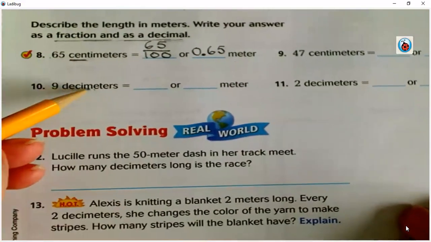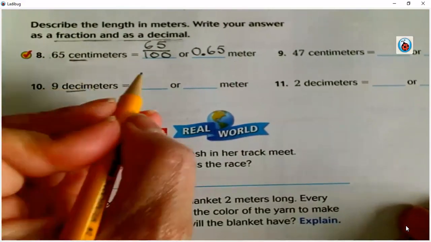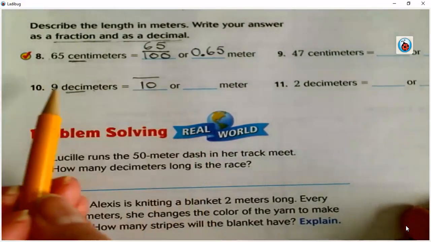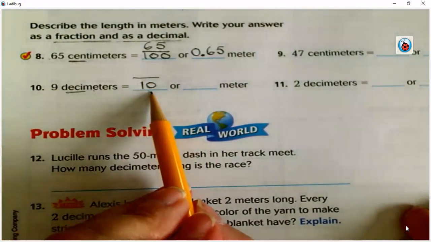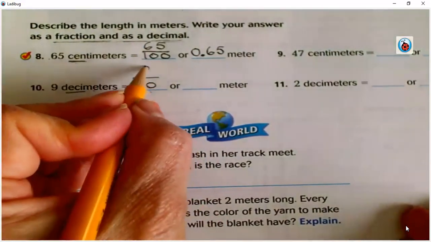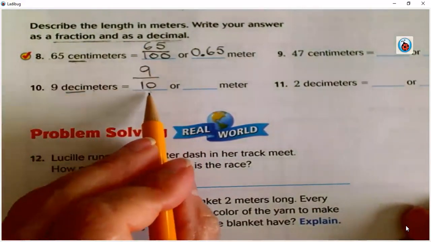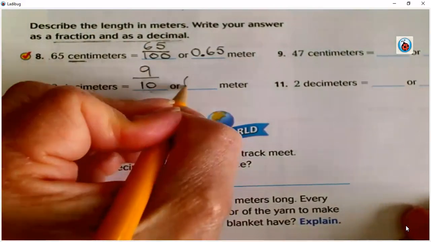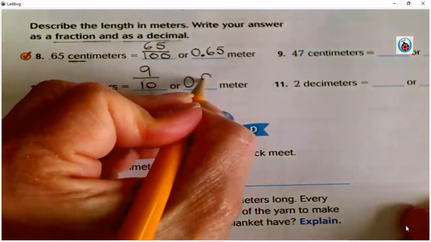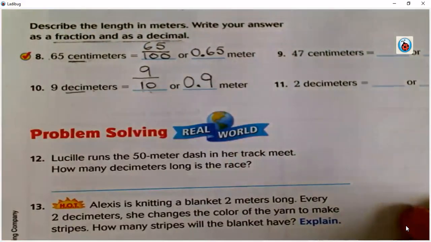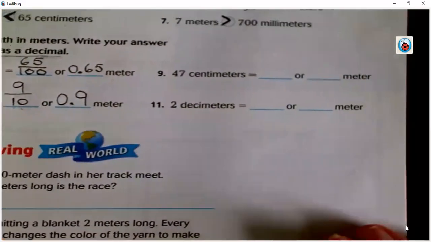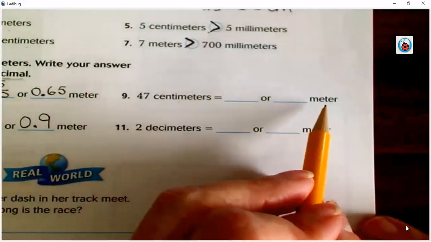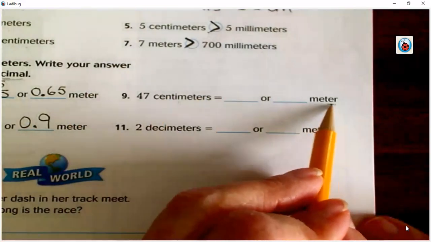9 decimeters. I know there are 10 decimeters in a meter. That's where I get my denominator. So 9 out of those 10, or 9/10, there's my fraction. And we know how to write 9/10 as a decimal number. 47 centimeters, fractional part of a meter.